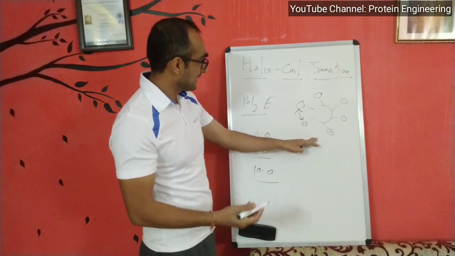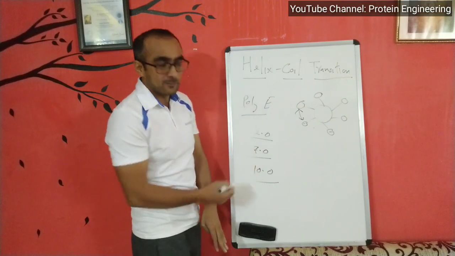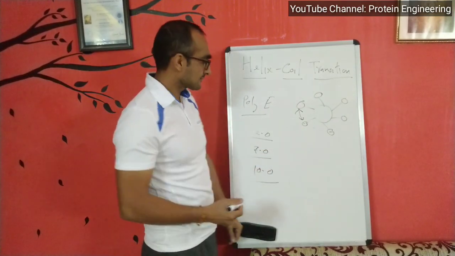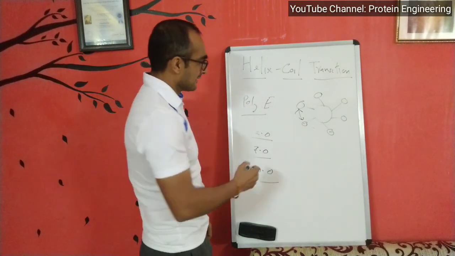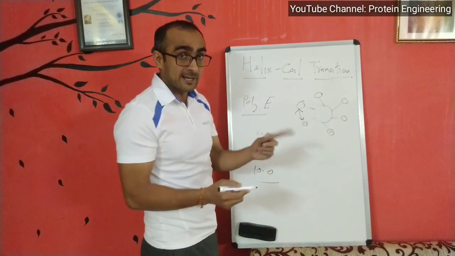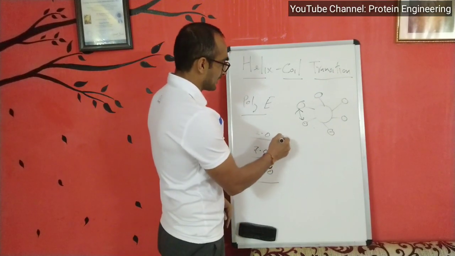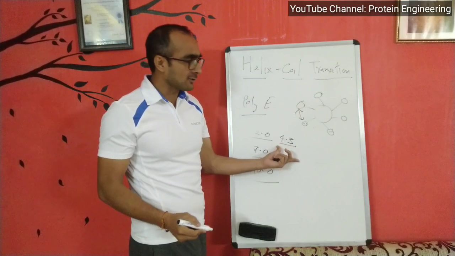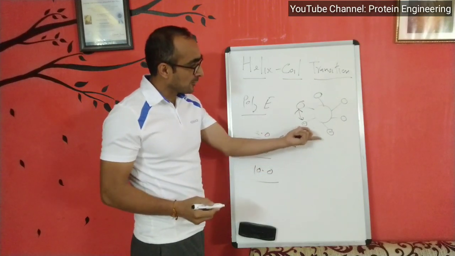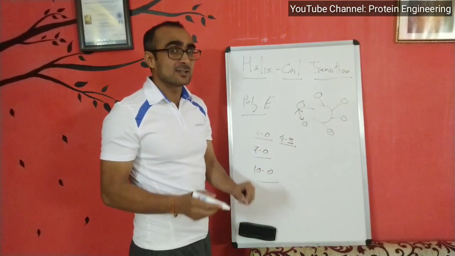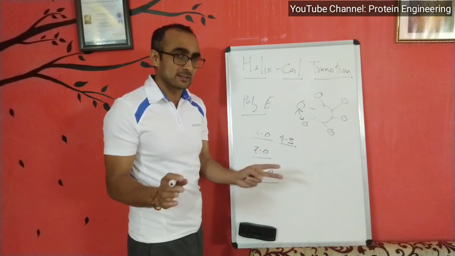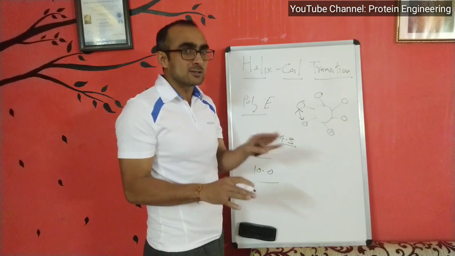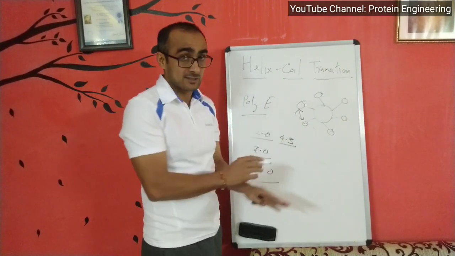So we have to look, in the case of polyglu helix, at different pH values where these side chains are charged. The pK value of the side group carboxyl group is around 4.3. So up to pH 4.3, the carboxylic group of the glutamic acid side chain will be in COOH form, neutral. There is no charge up to 4.3. At 4.3 there is equal charge, which is why the pK of the side chain is 4.3.